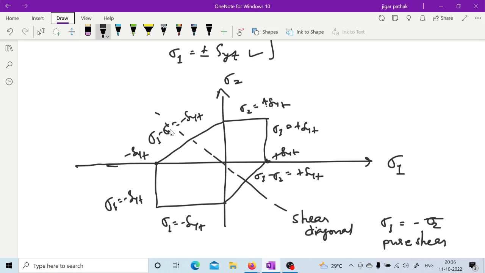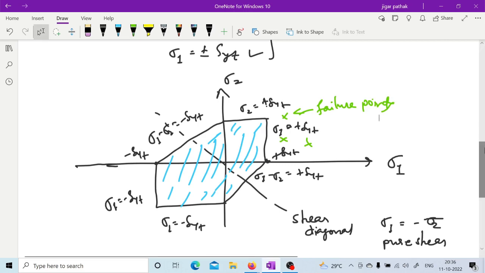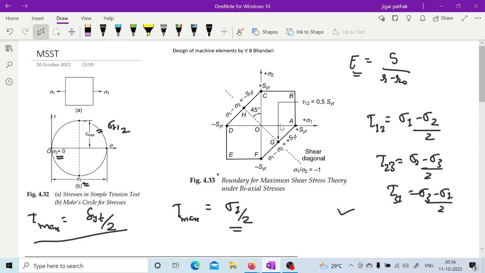So this is how you have this envelope under which your stress points are safe, and if a point lies outside, then it will be a failure region. These are known as the failure points. So this is how you have the region of safety in case of the maximum shear stress theory, as you can see here.